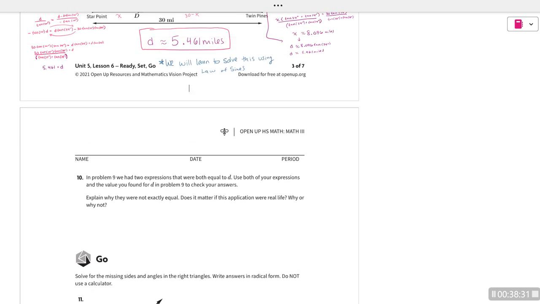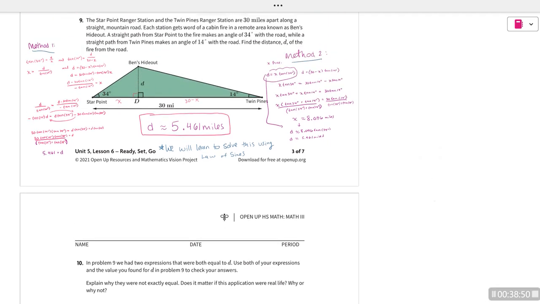It says, in problem 9, we had two expressions that were both equal to d. Use both of those expressions and the value found for d in problem 9 to check your answer. And then it says, explain why they were not exactly equal, and whether it would matter if this application were real life, why or why not. Okay, so we used tan of 34 equals d over x.